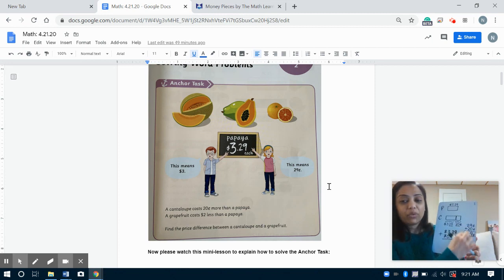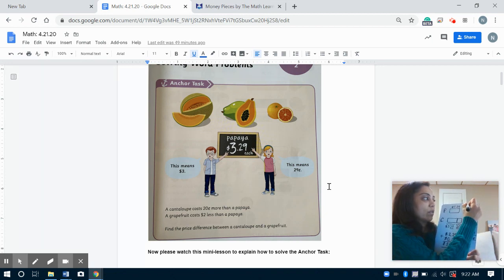I'm going to take what I did over here and just transfer it. 29 cents plus 20 cents is 49 cents, remember? And then we just bring down 3 plus 0 is 3. So I know that the cantaloupe costs $3.49. Okay, so just because I'm going to erase this in a moment, I'm going to write right at the top so I don't forget, the cantaloupe costs $3.49. Don't forget my units.